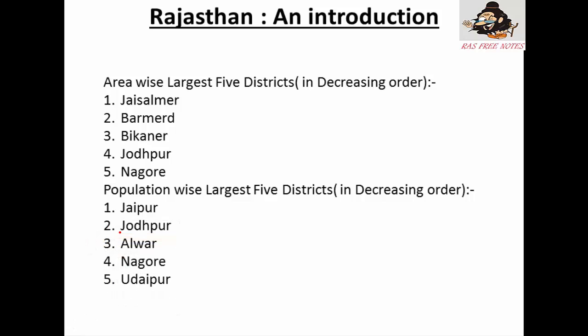Okay. Now the area-wise largest districts: Jaisalmer first, then Barmer, Bikaner, Jodhpur, Nagaur. And the population-wise largest 5 districts: Jaipur first. See, it's the capital city, so its population is growing because of migration.